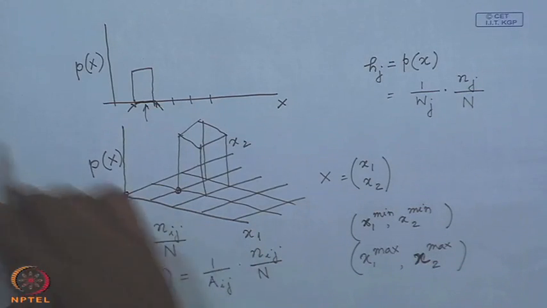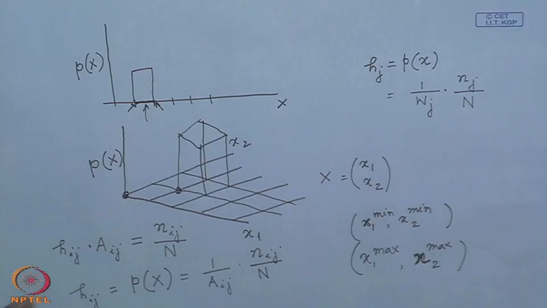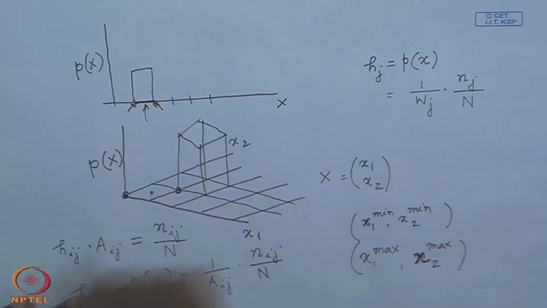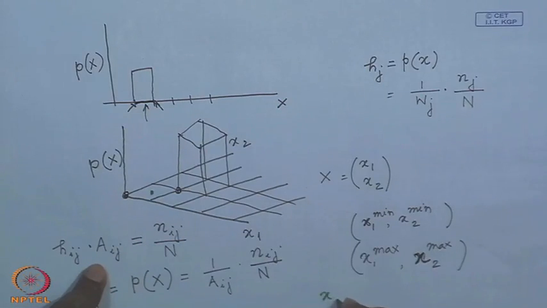Now, for any point P lying within this cell, say point P whose coordinate is x1p and x2p, the condition must be that x1p has to be greater than or equal to x1 min, and it has to be less than x1 max.